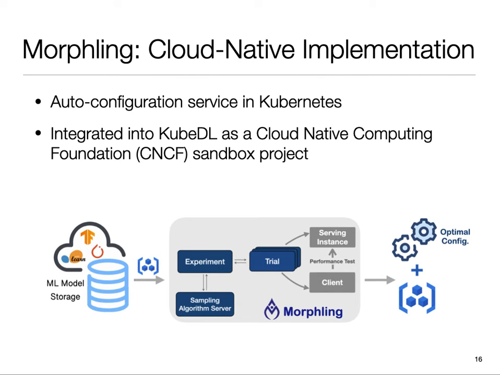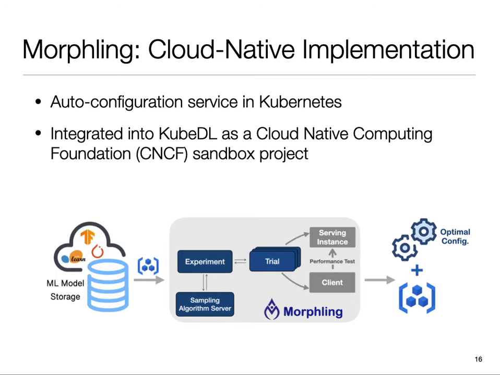We have also implemented Morphling's workflow and its algorithms as an easy-to-use auto-configuration service in Kubernetes with around 5,000 lines of Golang code, which is now open-sourced for public access. Morphling is also integrated into the KubeDL project, a CNCF sandbox project.